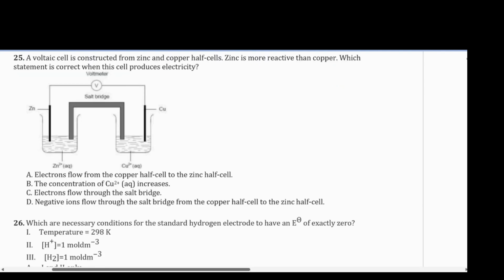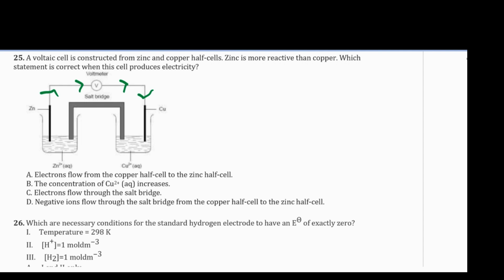A voltaic cell is constructed from zinc and copper half cells. Zinc is more reactive than copper. Which statement is correct when this cell produces electricity? Because zinc is more reactive than copper, the electrons will be flowing from the zinc towards the copper.